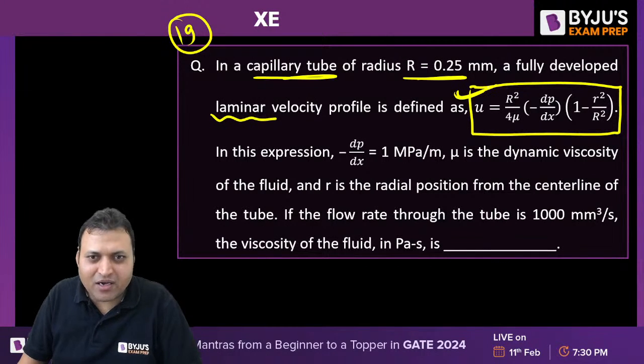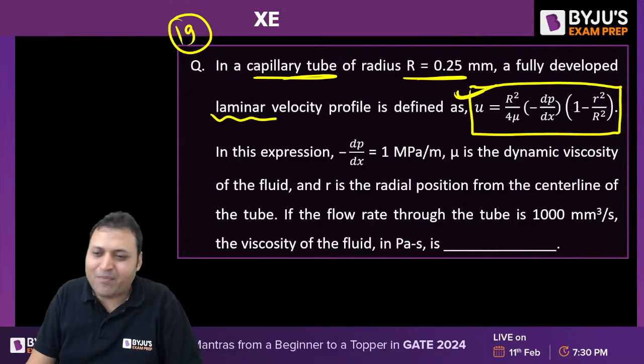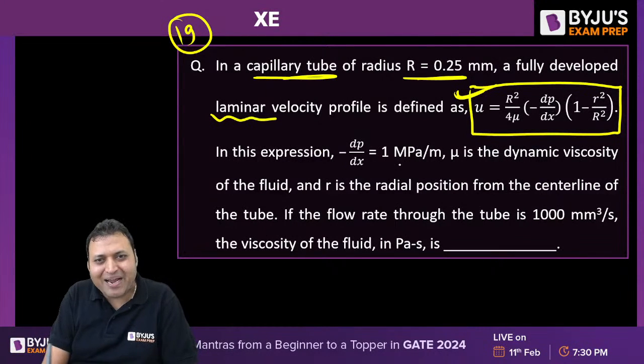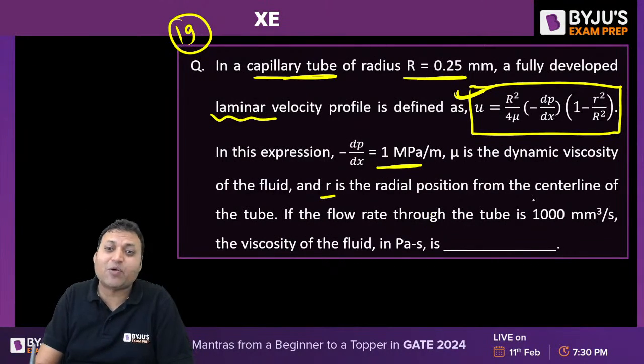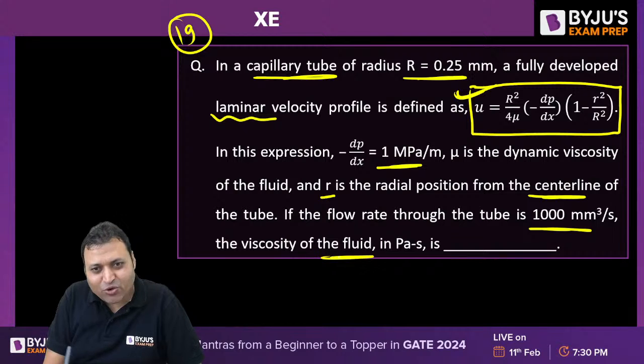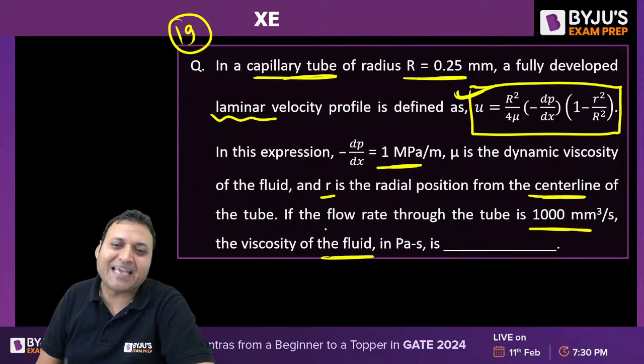You should remember the formula for velocity profile for laminar flow in a pipe. In this expression, minus dp by dx or pressure drop per unit length is 1 megapascal per meter. Mu is the dynamic viscosity of the fluid, and small r is the radial position from the center line of the tube. If the rate of flow through the tube is 1000 millimeter cube per second, the viscosity of the fluid in pascal second is.